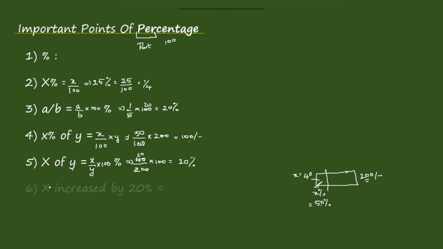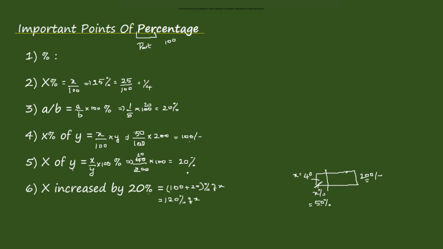Come to the next one. If x is increased by 20%, say the salary has been increased by 20%, then the new salary is 100 plus 20 percentage of x, which is equal to 120% of x.